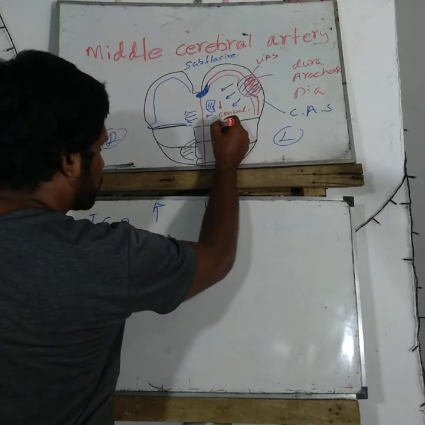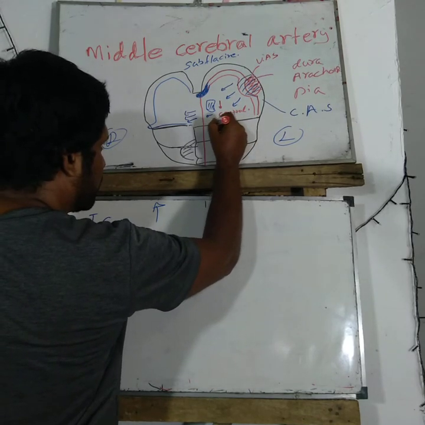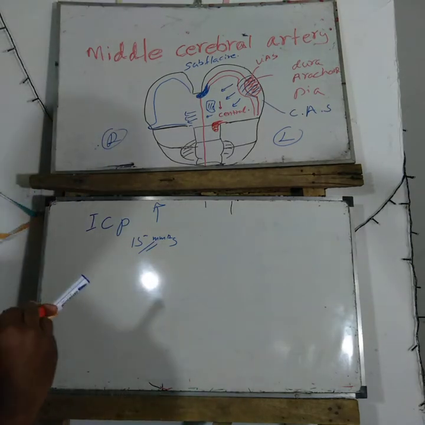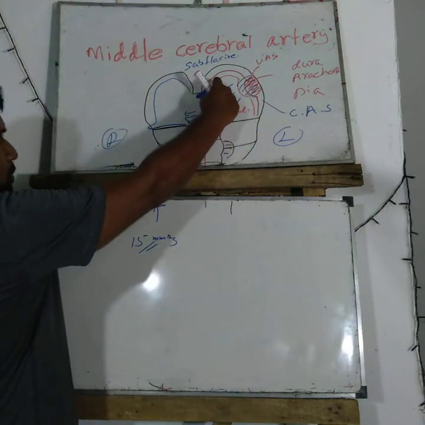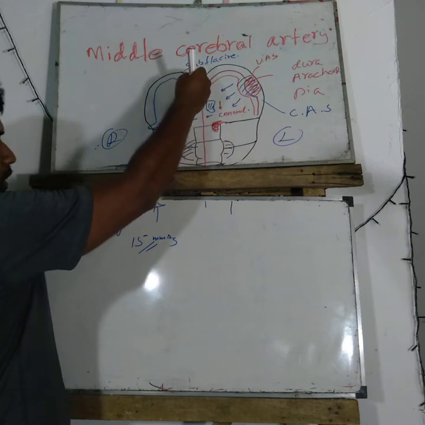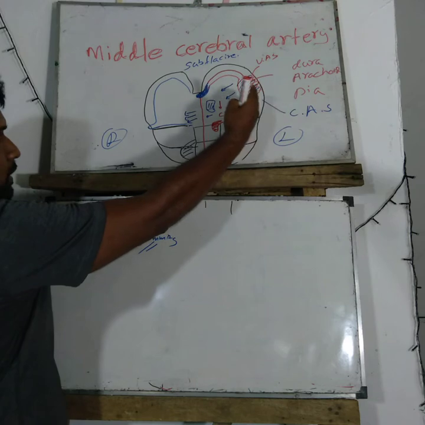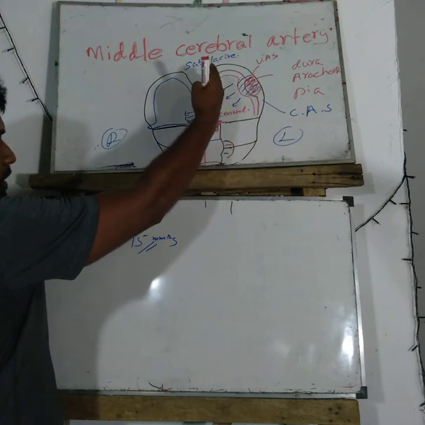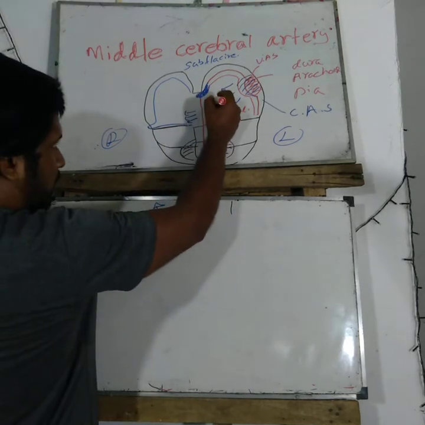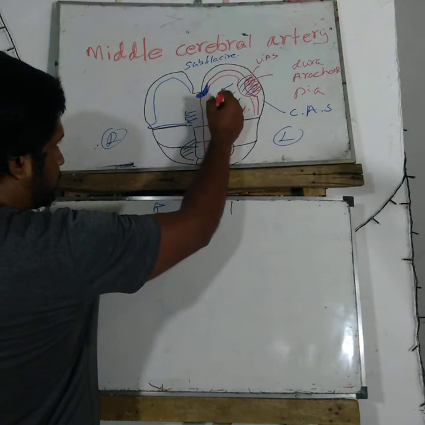This herniation also goes downward. The cingulate gyrus compresses the subfalcine area upward, right side, compressing the right side, the middle side of the brain.